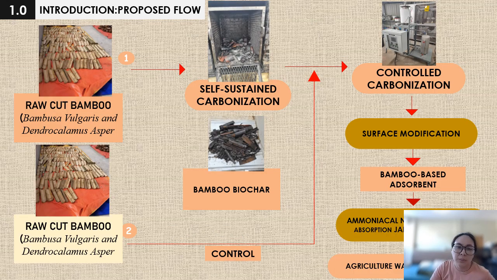So here is my proposed flow for my PhD project. First you cut the bamboo and put it in the self-sustained carbonization. Then you undergo controlled carbonization with surface modification and chemical activation, and then the absorption process for ammoniacal nitrogen.